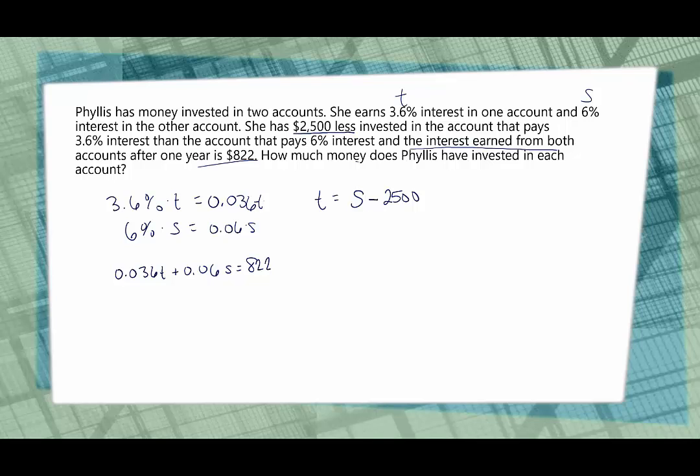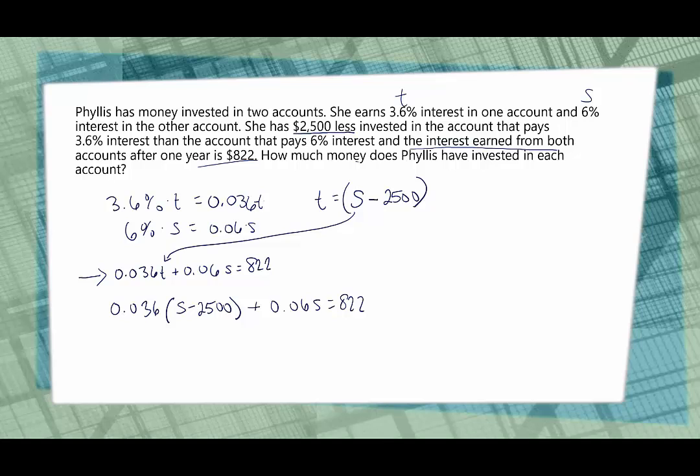We know that T is the same thing as S minus 2,500. So in this equation where I see the T, I'm going to replace it with S minus 2,500, giving me 0.036 times S minus 2,500, plus 0.06 times S is equal to 822.